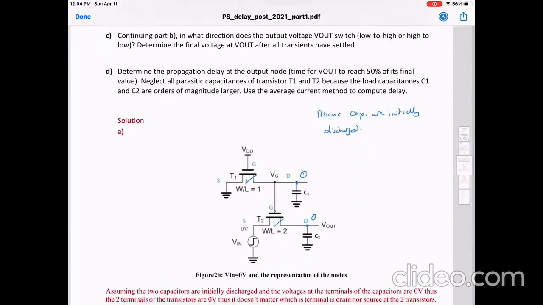Now if I have a transistor where the source and the drain are both 0, then we don't know which one, so we can arbitrarily state that this is the source, which is grounded, and for this one we can say that this is the source because it is the supply that is going to flip to high later.